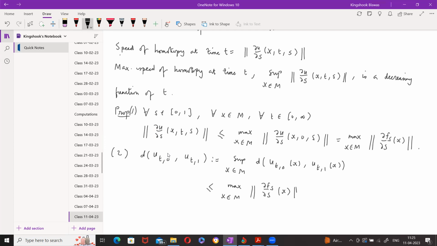That means that if your initial homotopy has a small speed, then the distance between the maps that you get from the harmonic map heat flow stays controlled by the initial speed of the homotopy. So the maps stay close to each other.